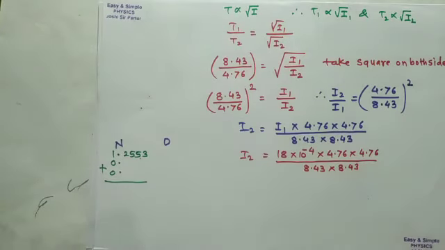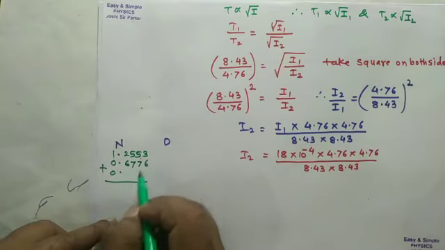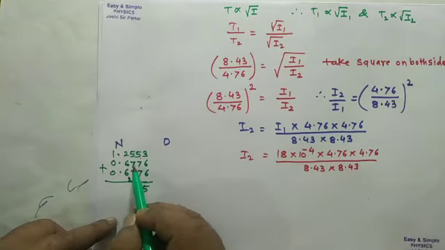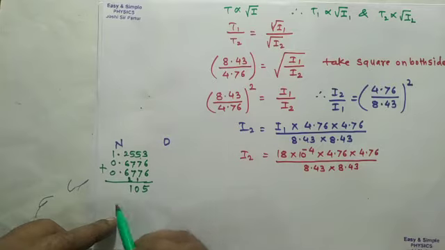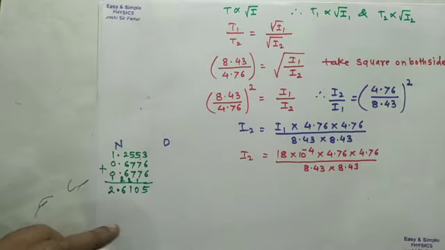Log of 4.76 will be 6776. 6776. Their addition will be 2.6105.